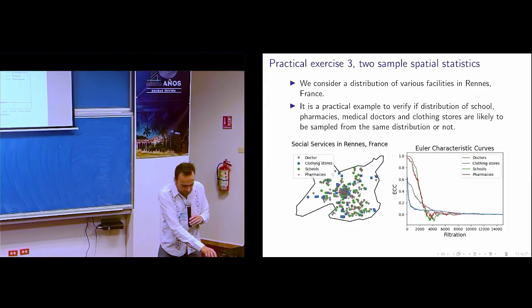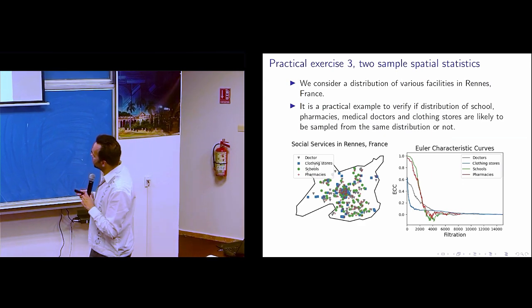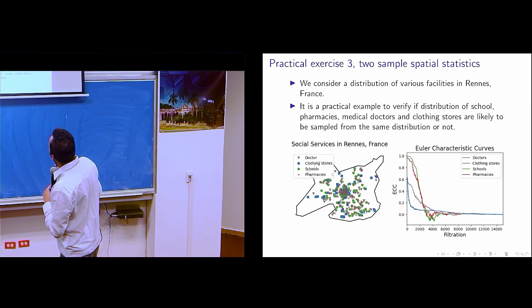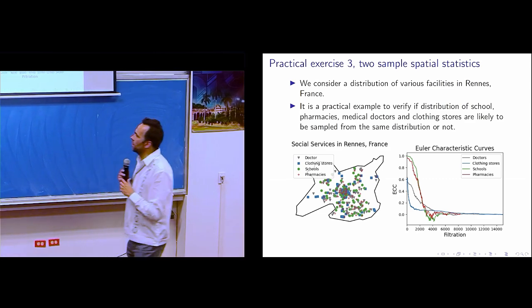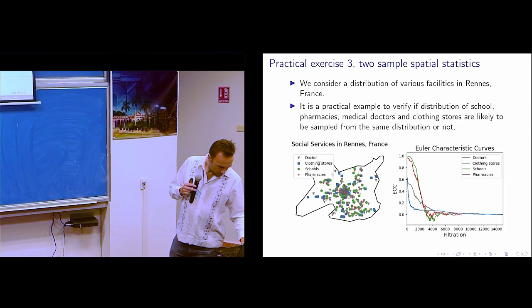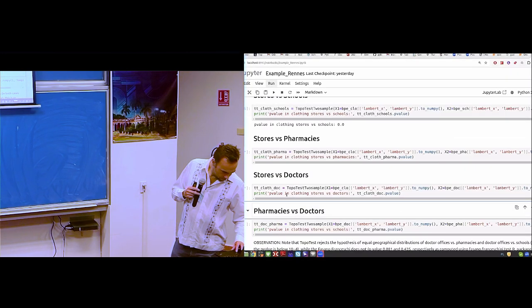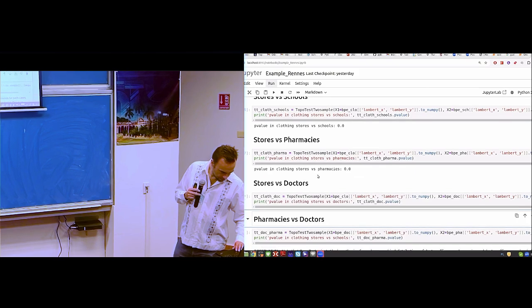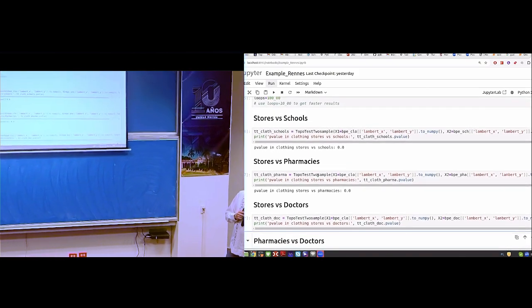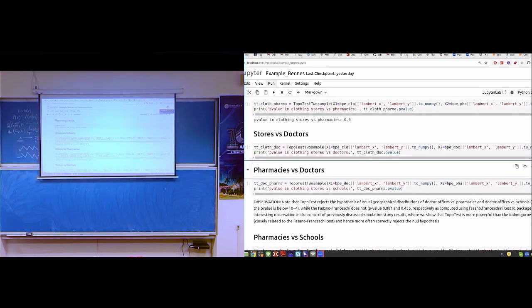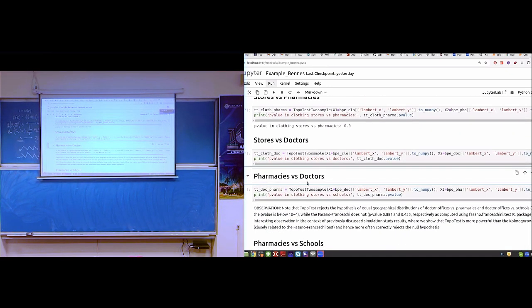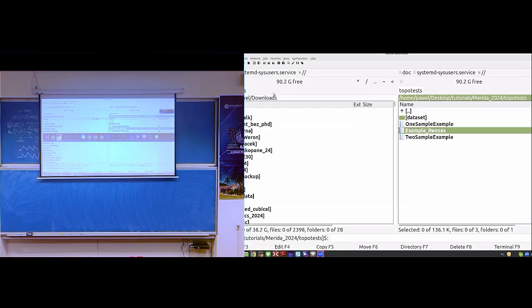Over here you have the characteristic curves of those facilities, and as you see, maybe the pharmacies and the schools are not rejected because they are pretty close. Okay, so stores and schools are the same, stores and pharmacies look the same. We are still waiting on the other two to finish. Oh, I haven't run this one yet. So we can come back in a second.